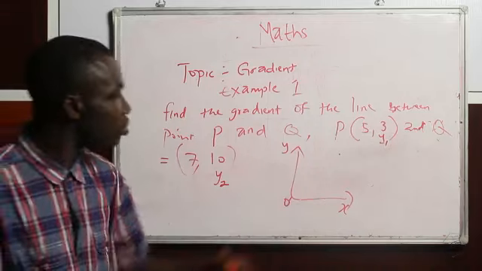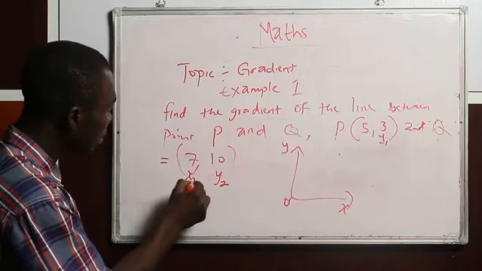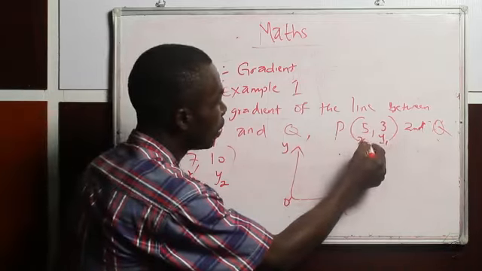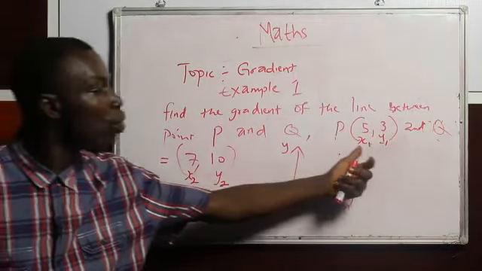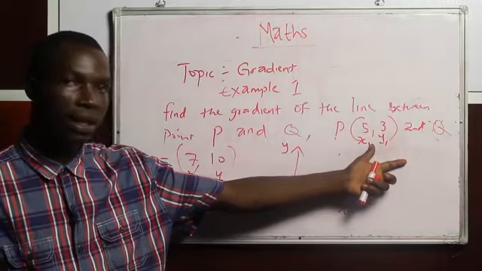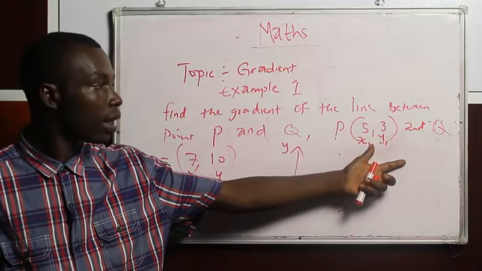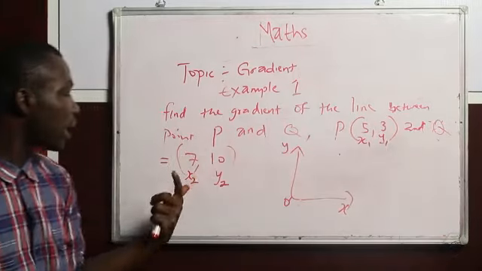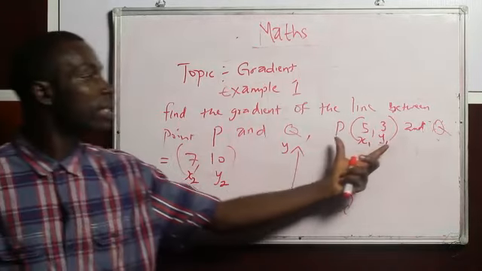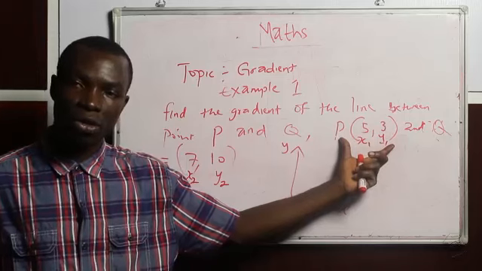Then our x2 is this, while our x1 is this, because the variable is considered on the x-axis. And this is our y1. On Q, it is x2 and y2, because this was the first straight line that I showed.